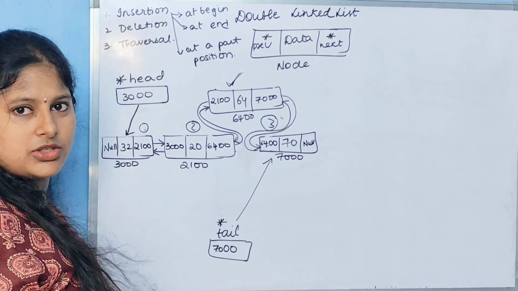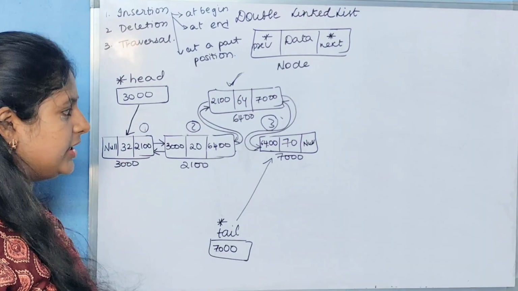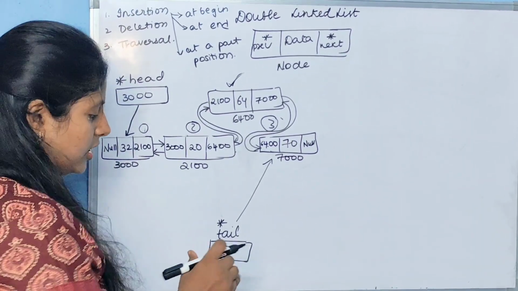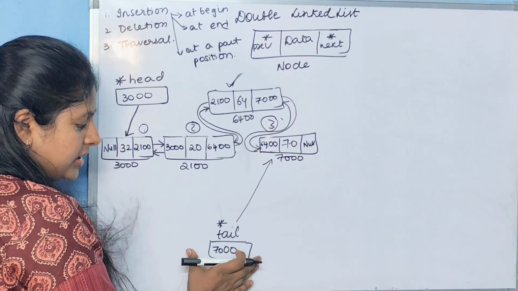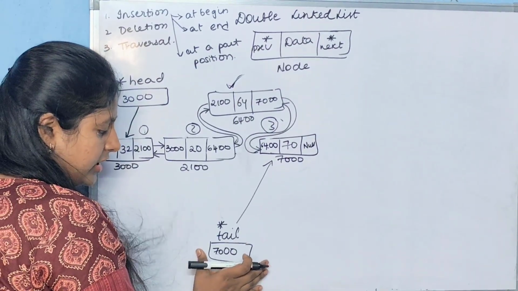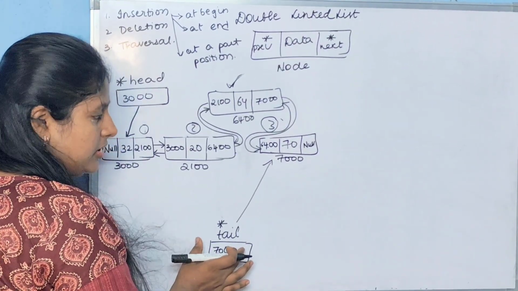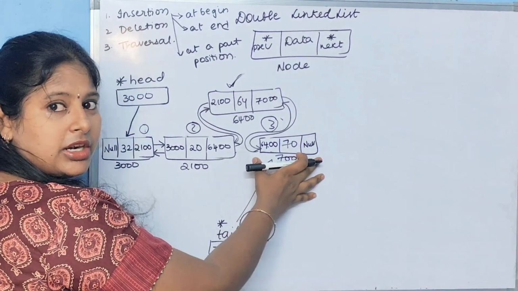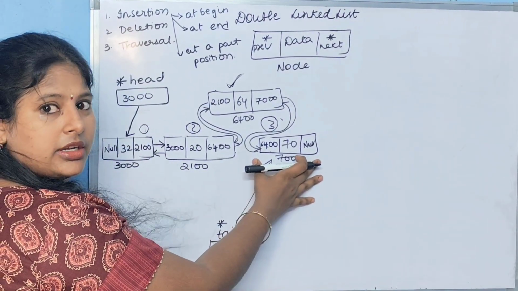In case I asked you to find the third element from the tail node, right? So now I went to the tail node. What is the address present in the tail node? It is 7000. So where is 7000? Over here. Okay. Now I have to see the third node from tail node, right?